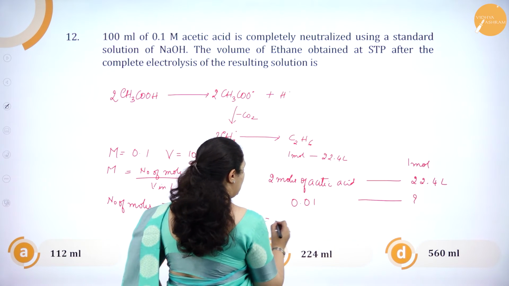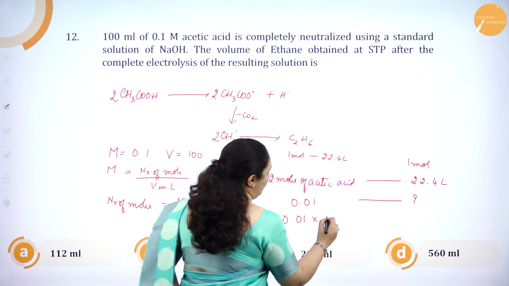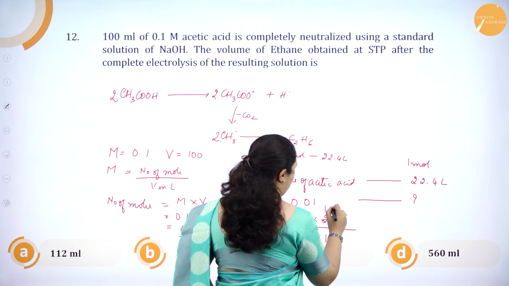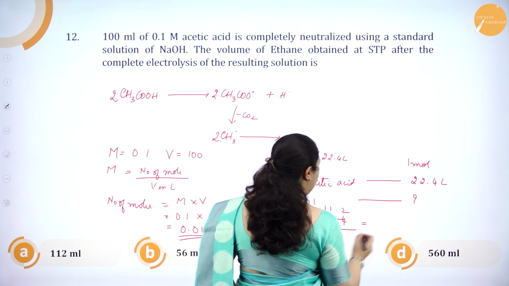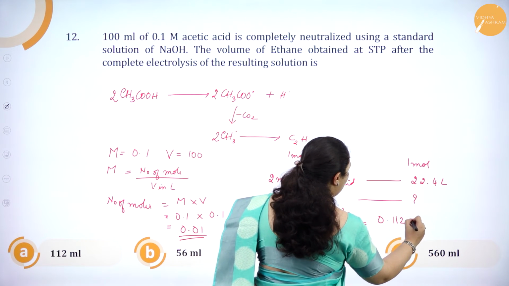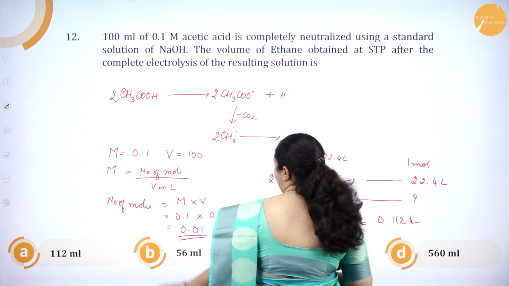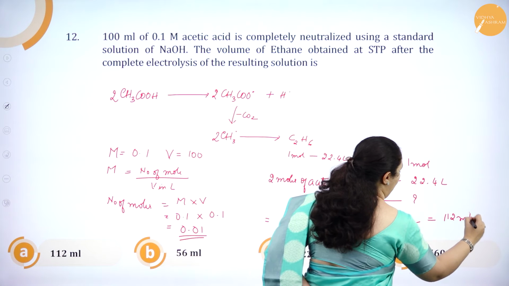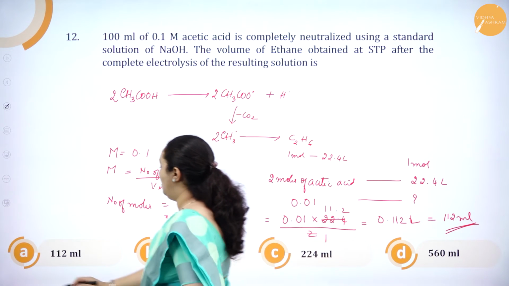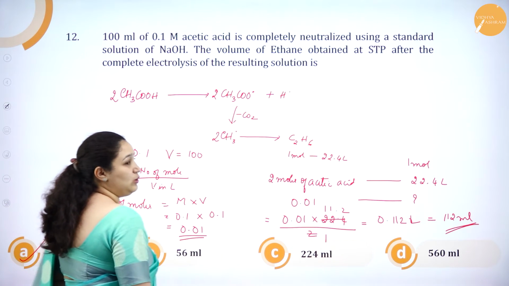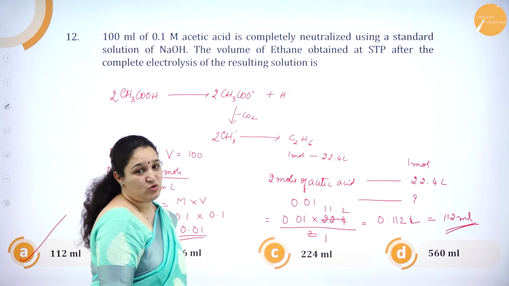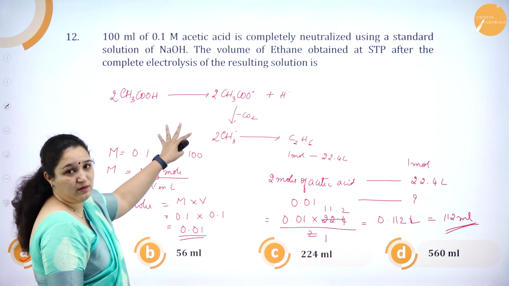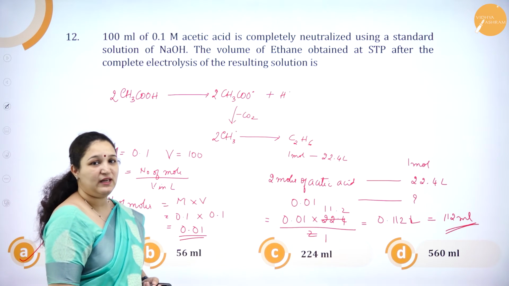So the answer is 0.01 into 22.4 divided by 2. If I multiply, I'll get 0.112 liters. But I want it in ml here, so it will be 112 ml. So the answer is option A, 112 ml. I hope you have understood how to solve. If you understand this first part, then the entire thing is quite easy.